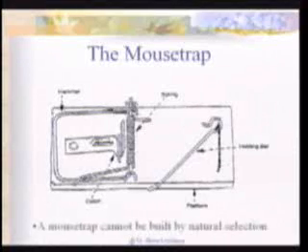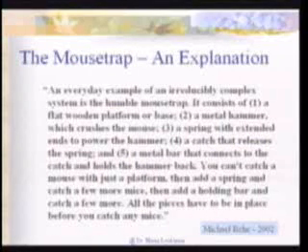You can't build it by natural selection. In fact, you need all 5 of those parts to function as a mousetrap. If I just use 4 of those parts, would that mousetrap work? I don't think so. You need all 5 of them. So that's what we mean by the concept of irreducibly complex. And here's his explanation.